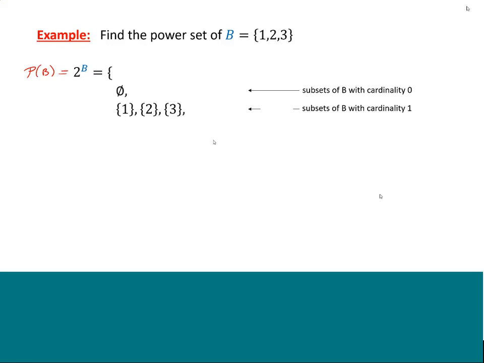Now, the next thing down would be dealing with subsets of B with cardinality 2. In our last example, our original set only had 2 elements, so we were done at this stage. Now our set has 3 elements, so we're going to have more than one option here. Any guesses what some of the subsets with cardinality 2 might be? Yep, and you actually got them all.